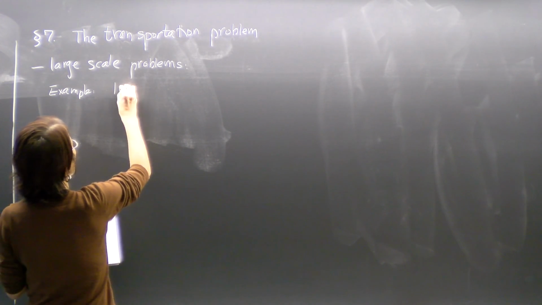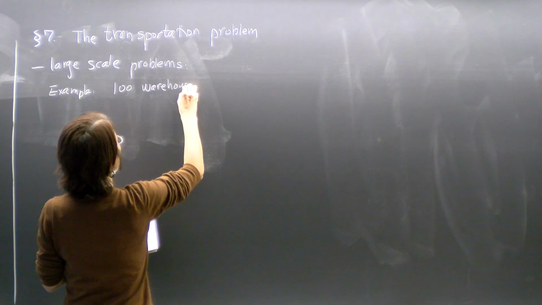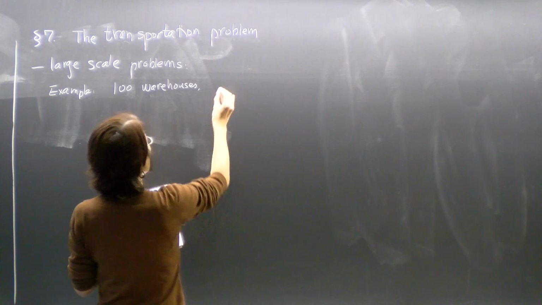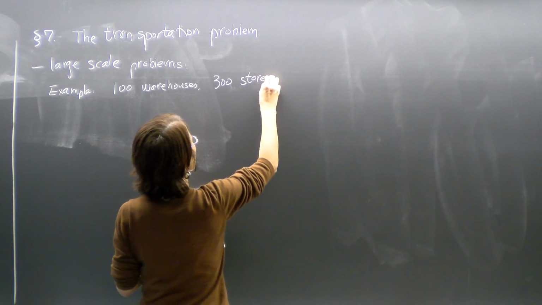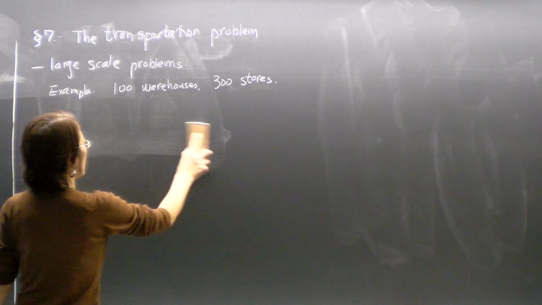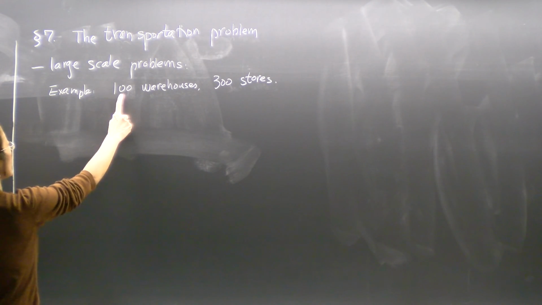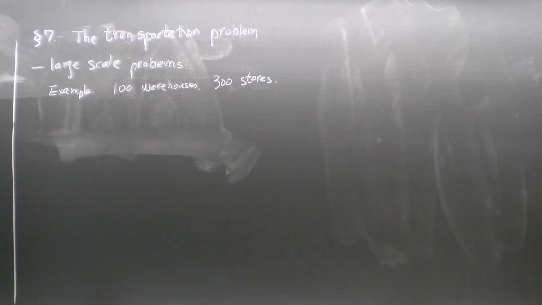So let's say I have 100 warehouses, and then I have 300 retail stores, and I need to ship things to the stores so they can sell, right? So by setting up the problem, your xij, i takes value from 1 to 100, j takes value from 1 to 300.